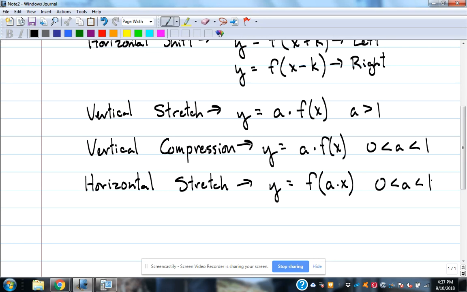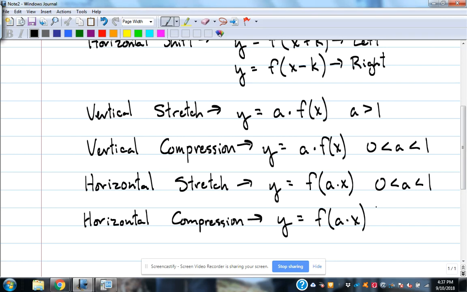Small number on the inside is a horizontal stretch. So that means a horizontal compression is multiplying by some number on the inside that's a bigger number, bigger than 1.